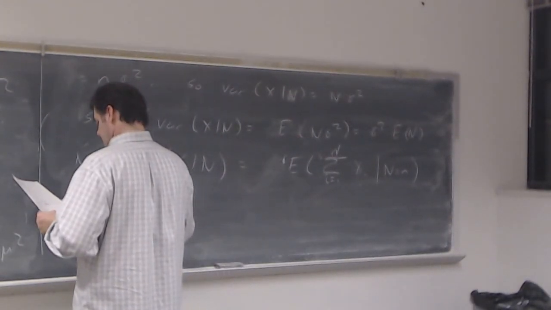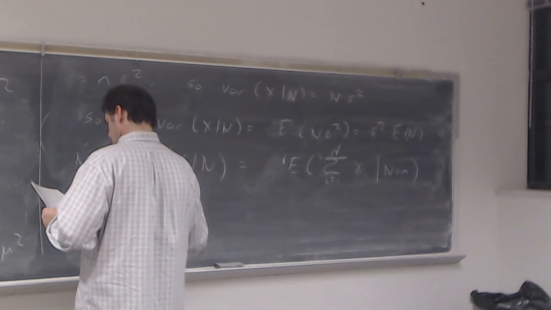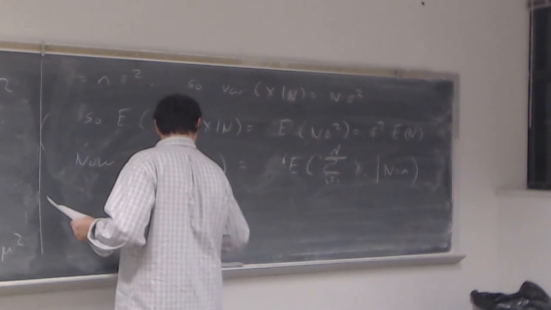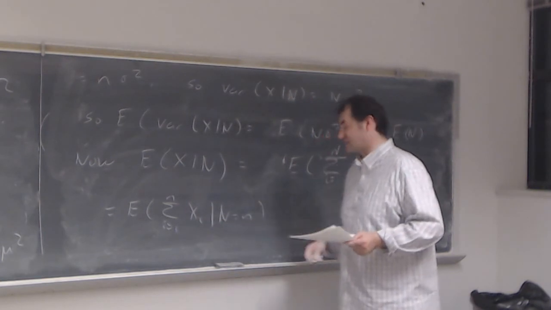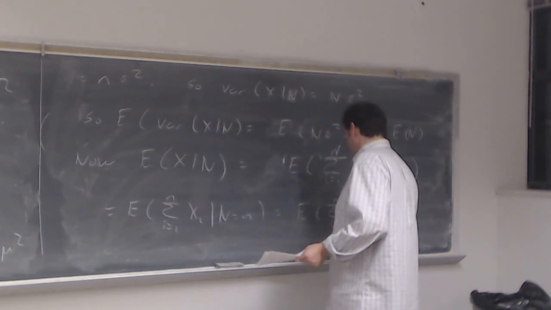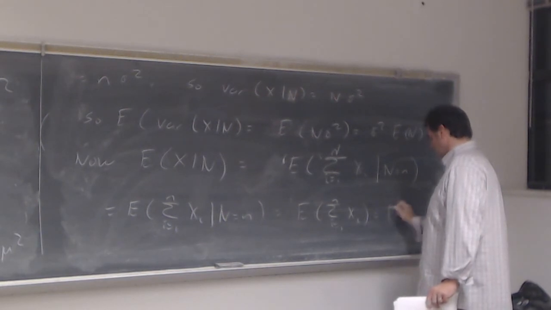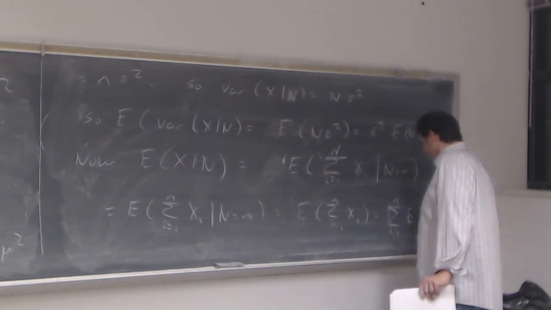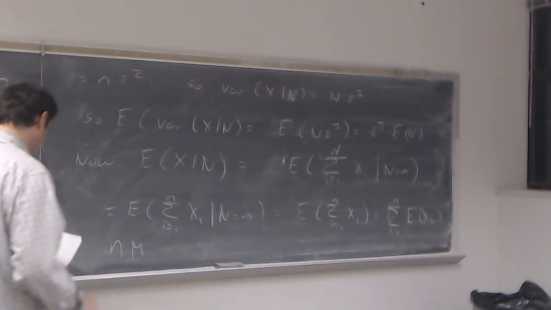Which is equal to the expected value of the sum as i runs from 1 to little n of the X_i given N equals little n. And due to independence between the X_i's and the N, this is equal to the expected value of the sum as i runs from 1 to little n of X_i, which is equal to, bringing in the expected values, the sum as i runs from 1 to n of the expected value of X_i, but each one of those is the same, so it's n times mu. That's what I get.